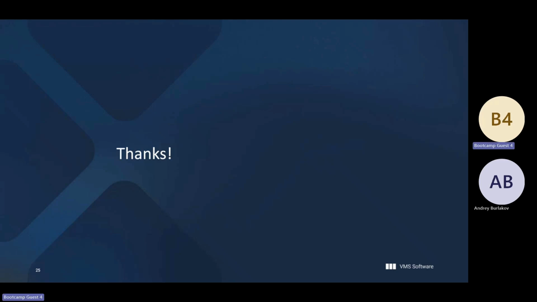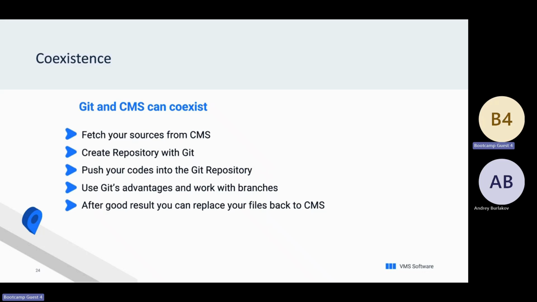A couple of slides ago, we showed how to move from CMS to Git. Is there a tool that can export your history from CMS to Git? Does it preserve this? For the history part, it's just using the Git advantages.